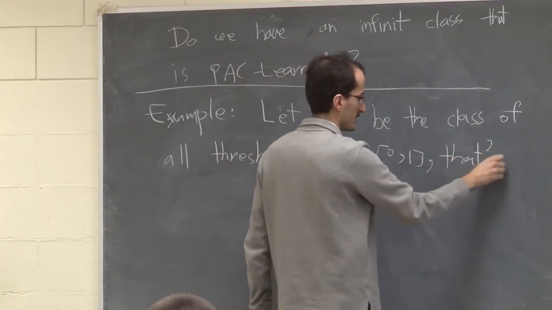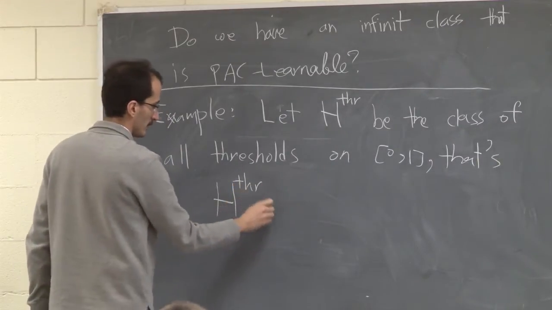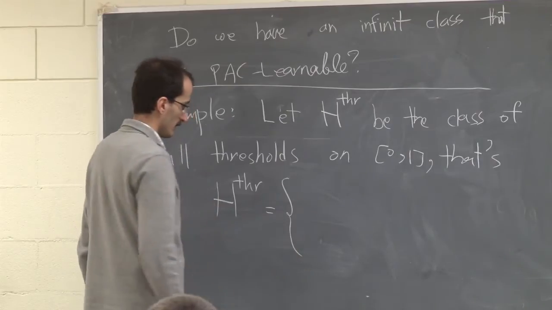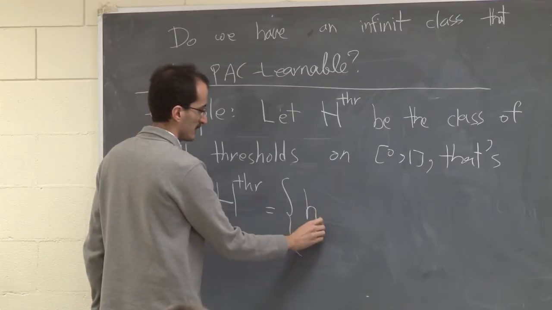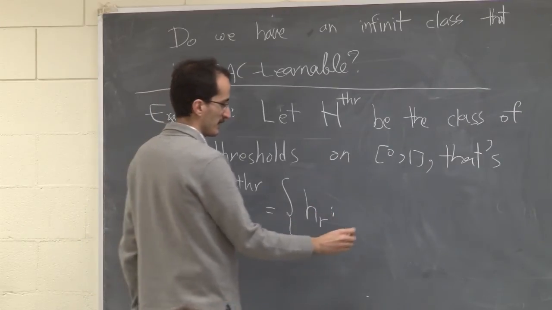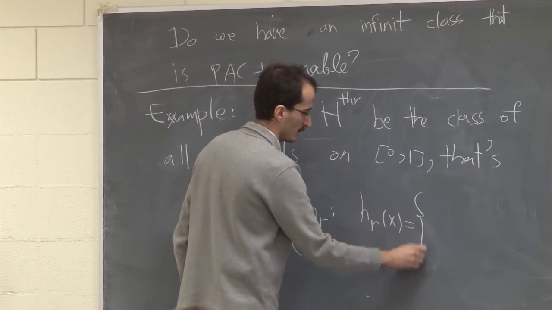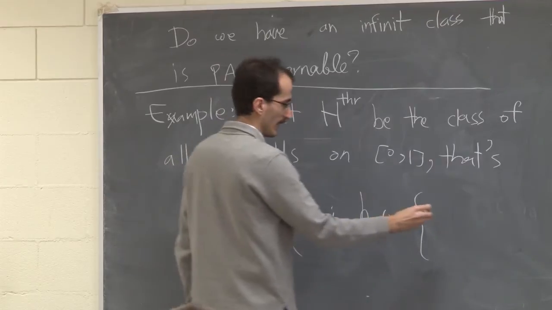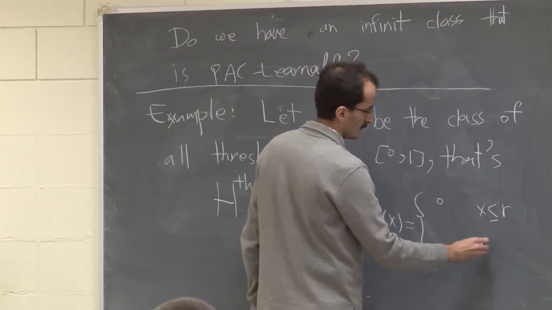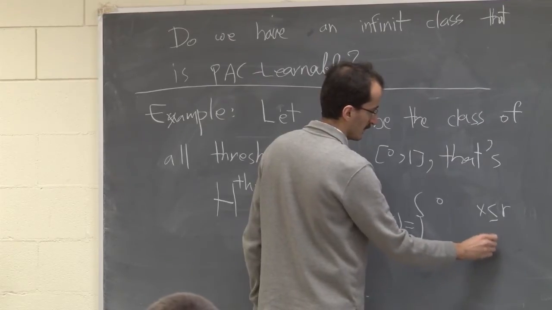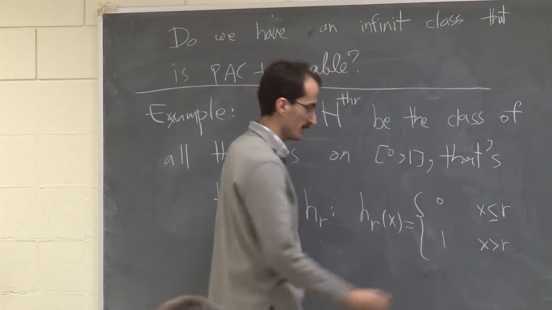And formally, that's all hypotheses in this form, such that for x less than the threshold r, the output is 0. For x larger than the threshold, the output is 1.